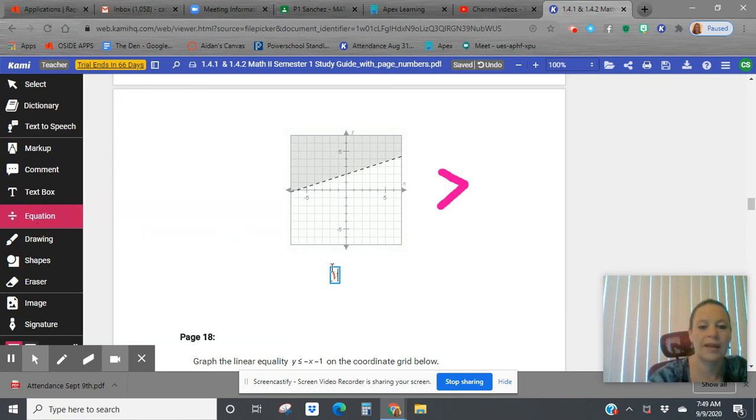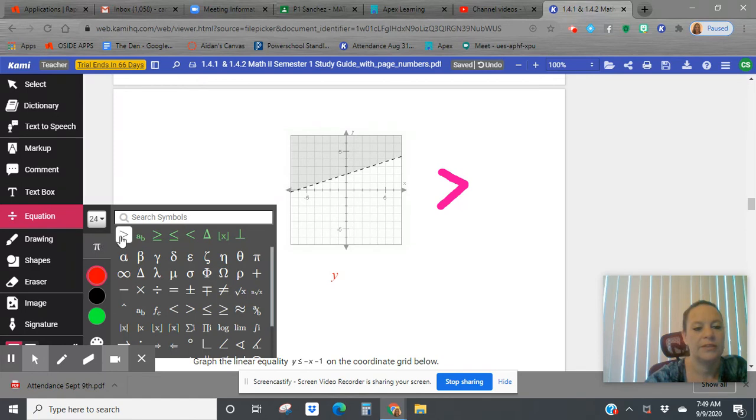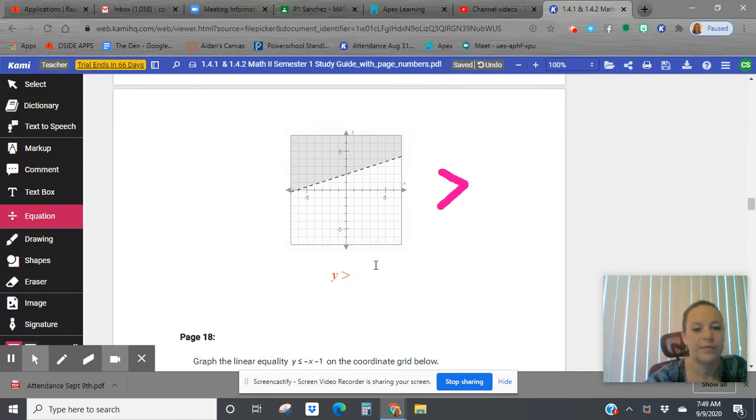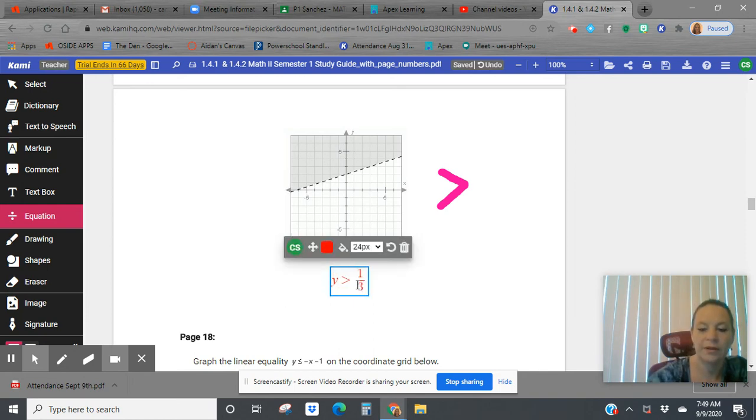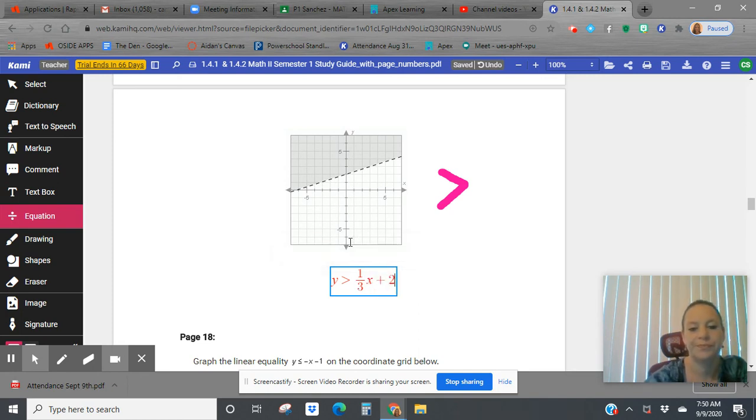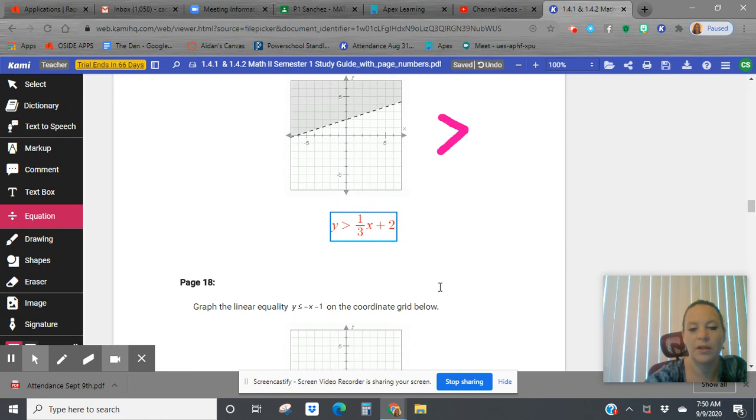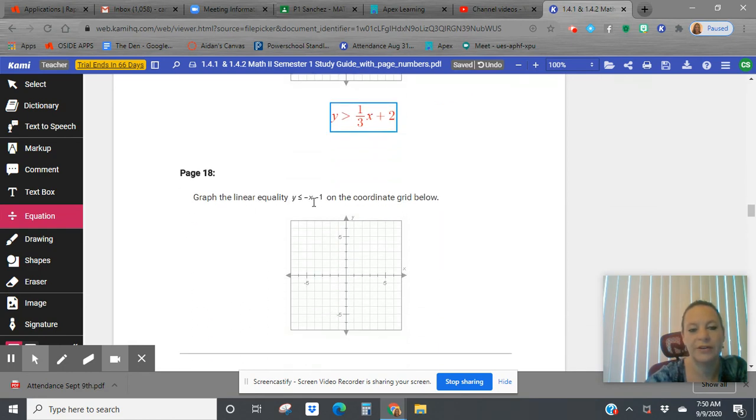I'm going to say y is greater than. My m is up 1 over 1, 2, 3, so 1/3 x plus that y-intercept of 2. And there's my inequality.